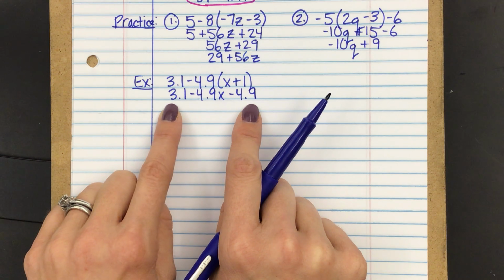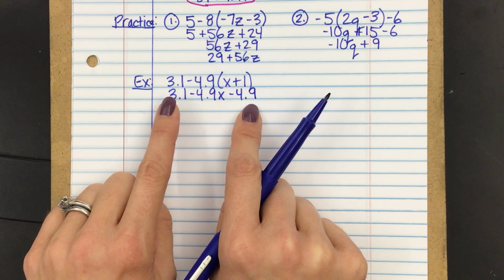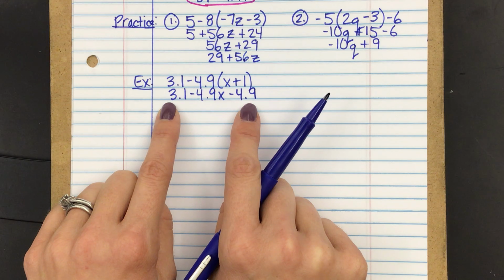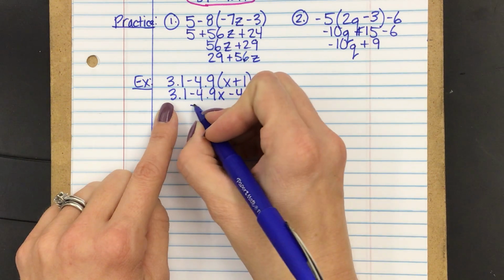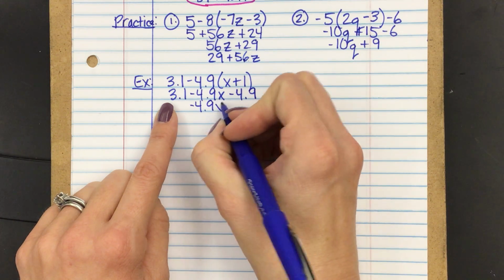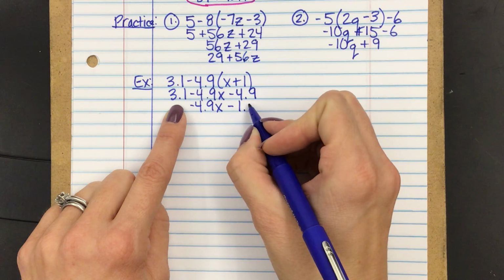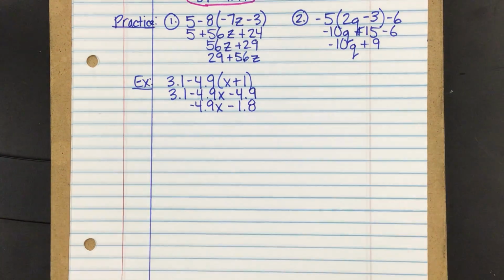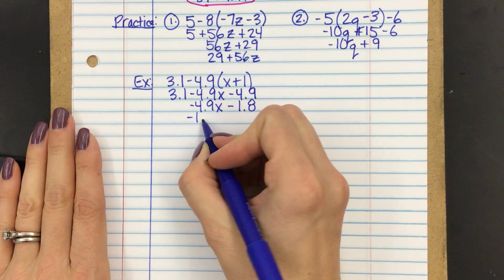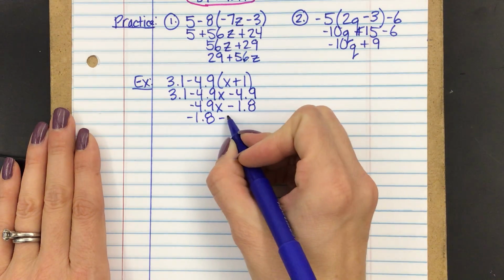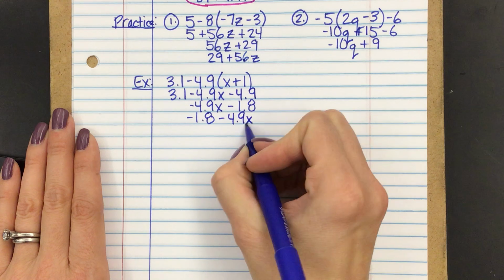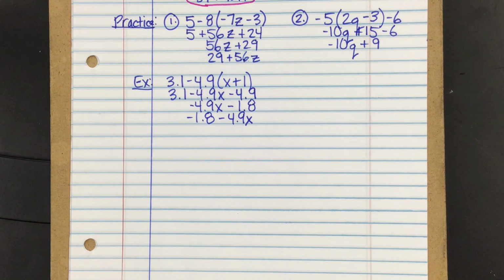So I'm going to subtract, well, kind of, because this one's positive, this one's a negative, so I'm subtracting them and taking the sign of the bigger number. So let me write this down. And then if I subtract these, it's going to be negative 1.8, right? Good? You can write it like this, or you can write it like this. Just whatever you do, make sure you take that sign with it.